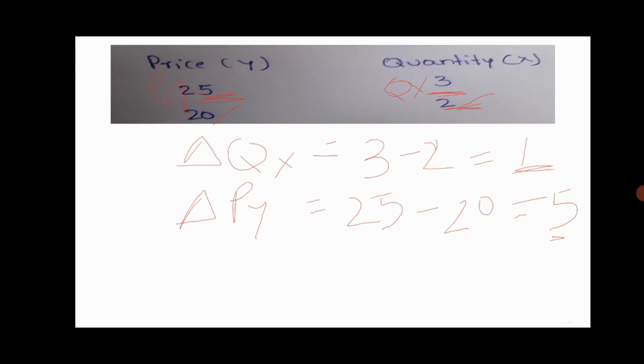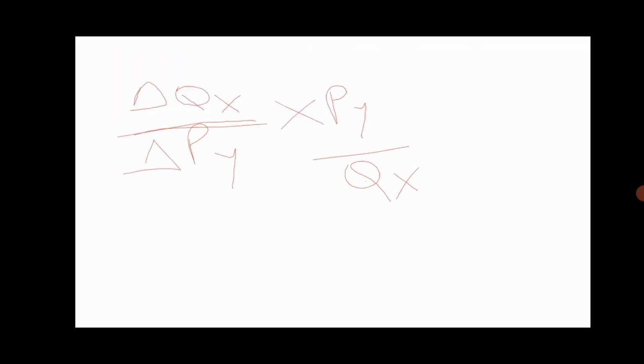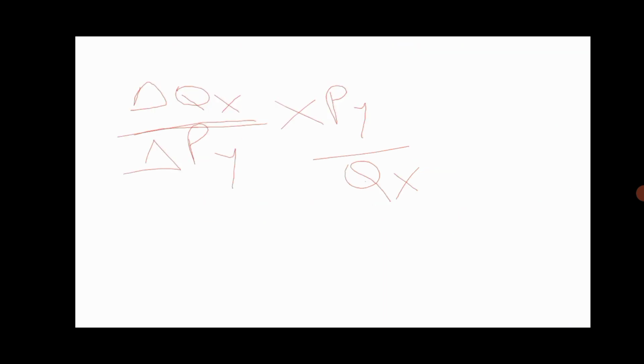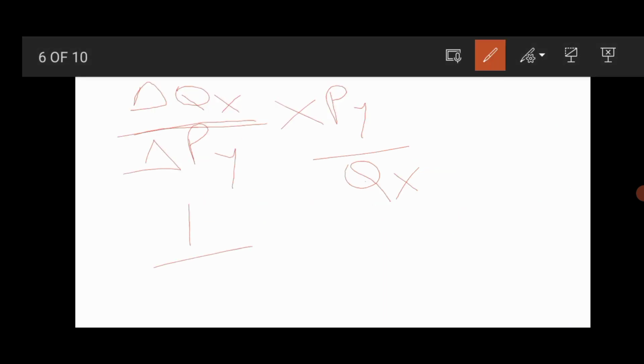So we will substitute these values in the formula. What is delta Qx? That is 1. So write down here 1 by delta Py, which is 5, and what is Py? That is the original price, which we already discussed, that is 25, and Qx is 3.